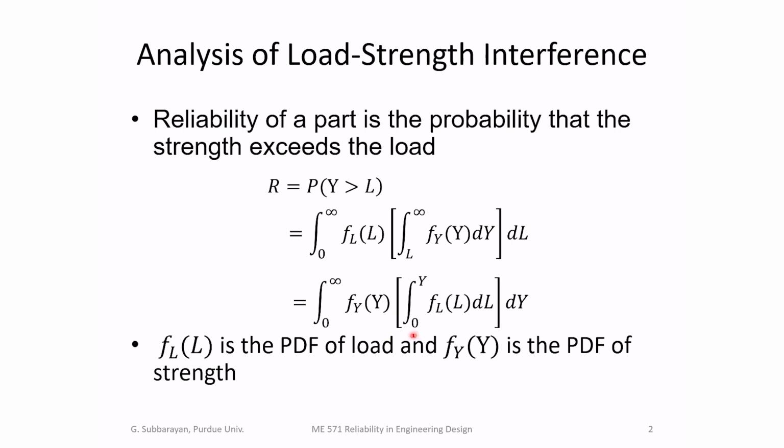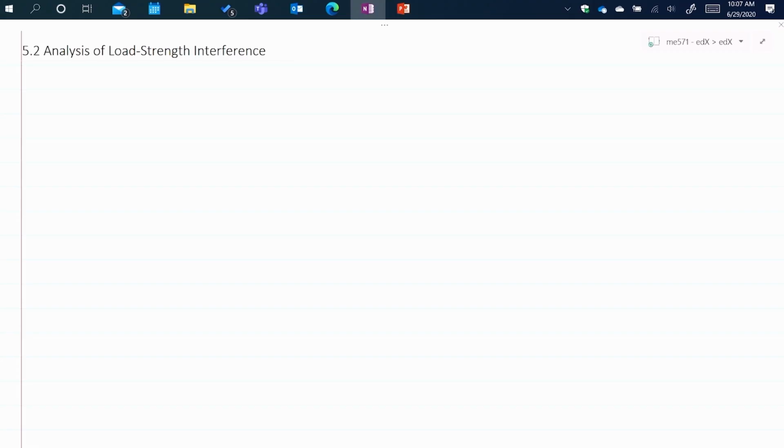Here, given a strength value, we ask what's the fraction of load that is below the given strength. So you can pose it both ways. F sub L here is the probability density function corresponding to load distribution, and F sub Y is the probability density function corresponding to strength distribution. I'll show you how this is derived and how it can be used.